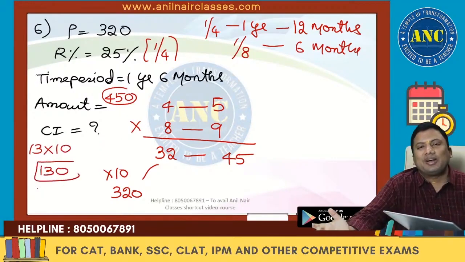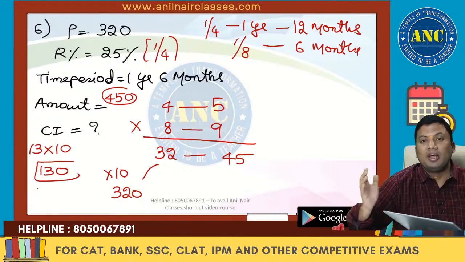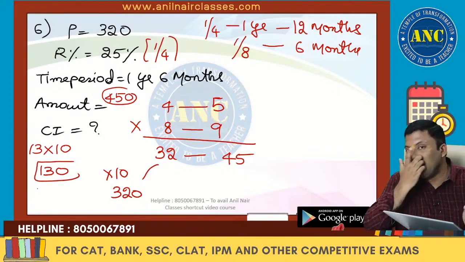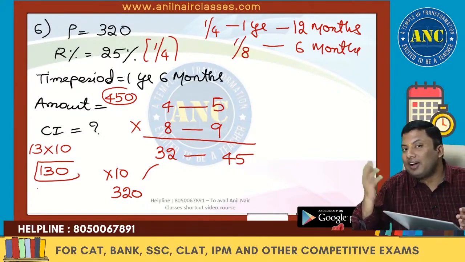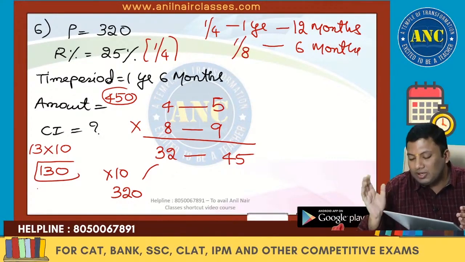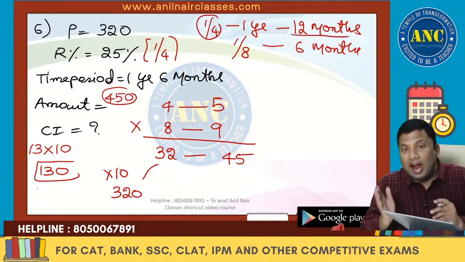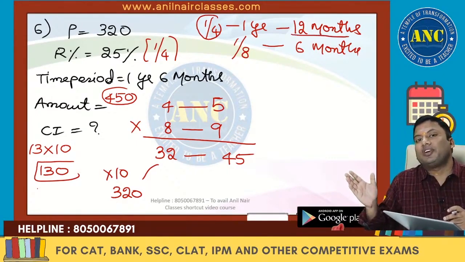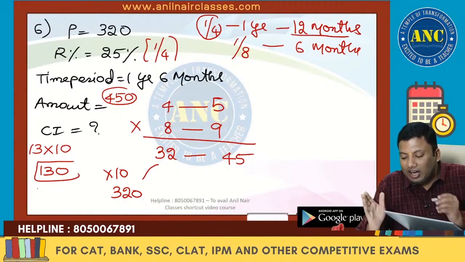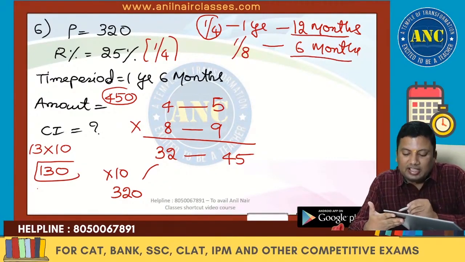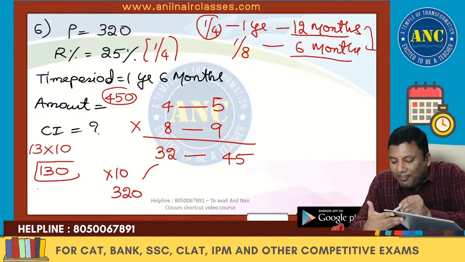Such an easy question if you know the concept. If it is total second year some rate is given, I will write that rate, but only 6 months is given. 1 by 4 is for 12 months, and the same rate is continuing for the next year. Next year, instead of 12 months, I need to take 6 months. 6 months is half of 12 months.